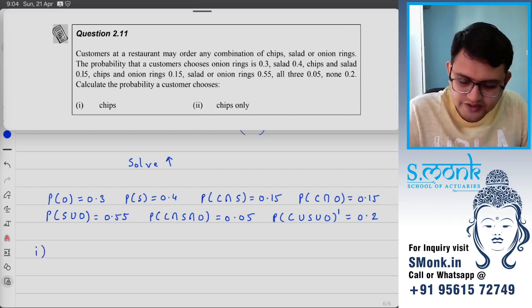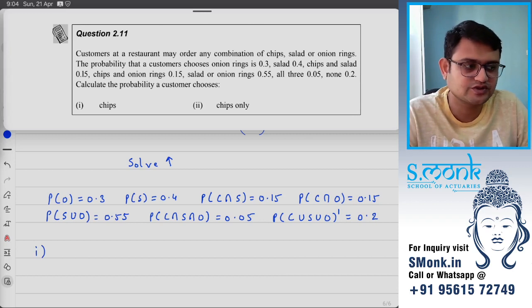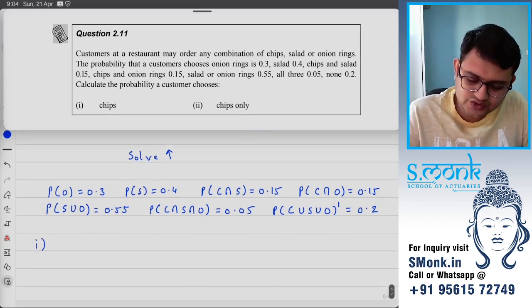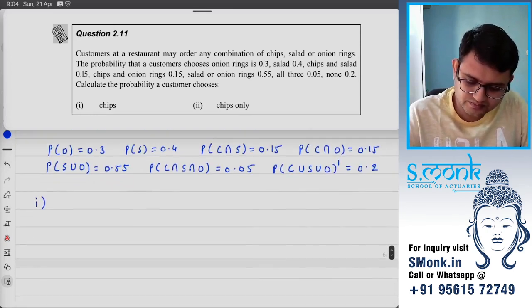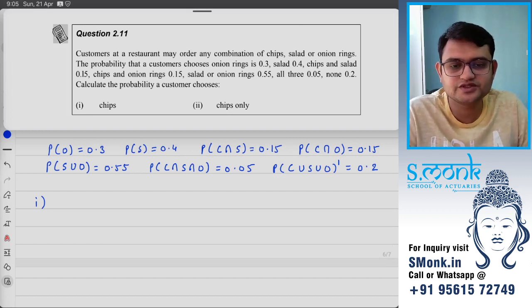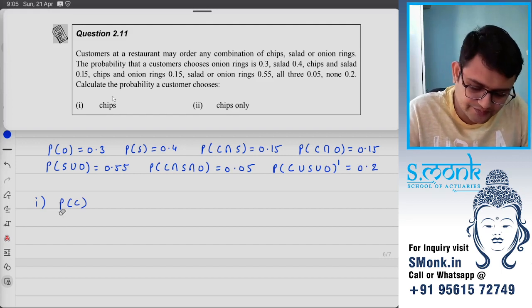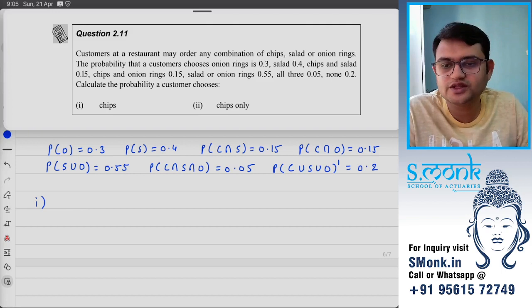So the first part is we have to calculate the probability a customer chooses chips. First of all, if I want to figure out the customer will choose chips, we want the probability of chips, that is C. This is what we want. We can get that from the union of all three.